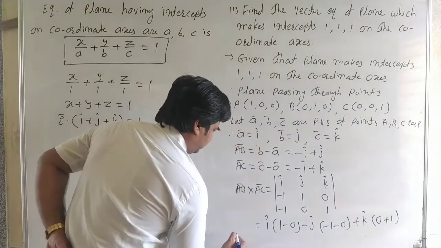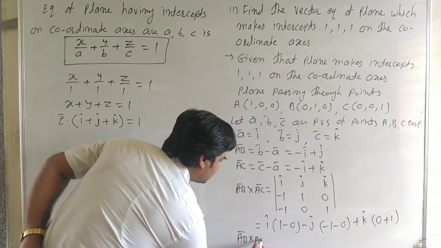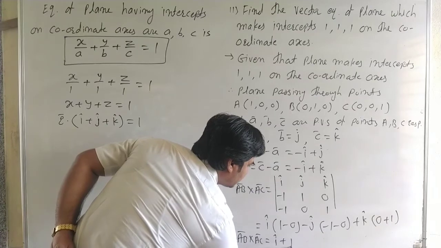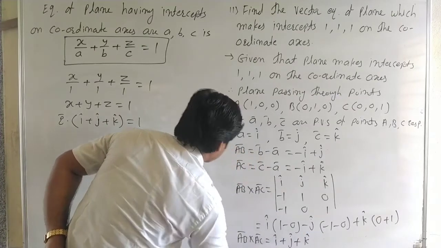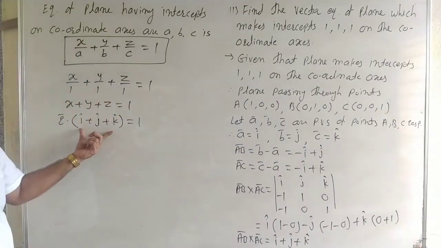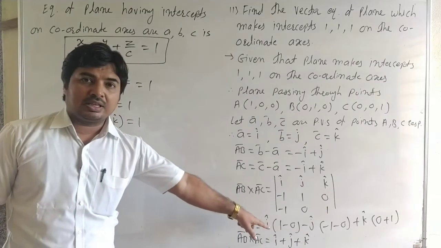Therefore AB cross AC is I cap plus J cap plus K cap. This is the normal.